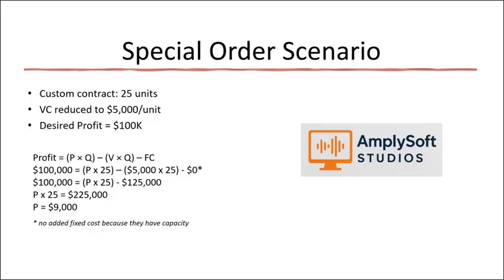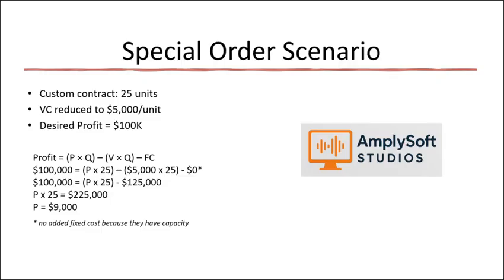And with special orders, we're making 2 assumptions, or would have to check 2 boxes. 1, does the company have the capacity to take on this special order without incurring any more fixed cost? And 2, is this a sale that would normally take from sales they might already get, or would this possibly cannibalize future projected sales? If we have capacity and this won't cannibalize future sales, then the company very well might do this special order if it makes them some money.